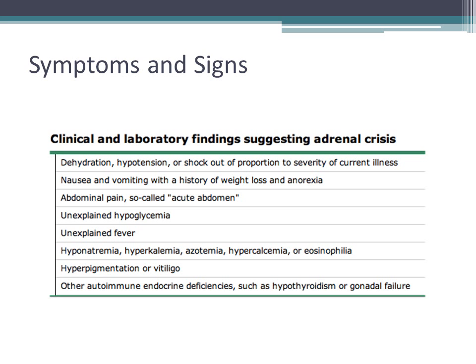Symptoms and signs, straightforward: dehydration, hypotension, nausea, vomiting, abdominal pain, unexplained hypoglycemia. Again, this is something that we see more commonly in children, not in adults. Unexplained fever, hyperpigmentation or vitiligo, and they have different etiologies. Hyperpigmentation is due to the high ACTH levels.